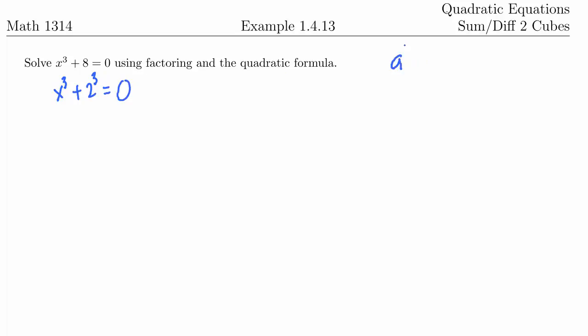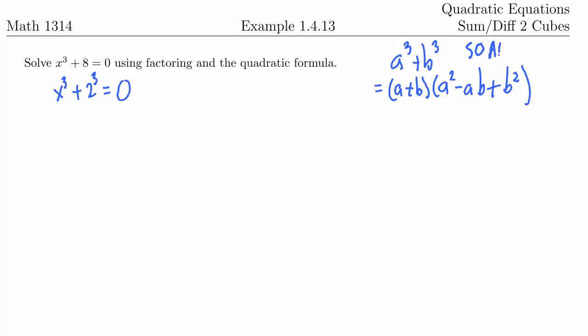What I'm going to do is use the following formula: a cubed plus b cubed. Well, its factorization is a plus b times a squared minus ab plus b squared. The plus, minus, and plus, a lot of people tend to get confused.